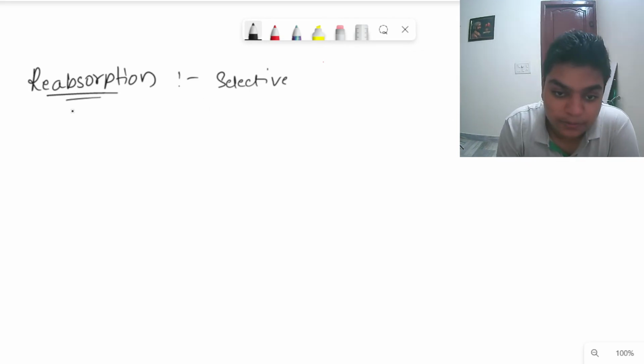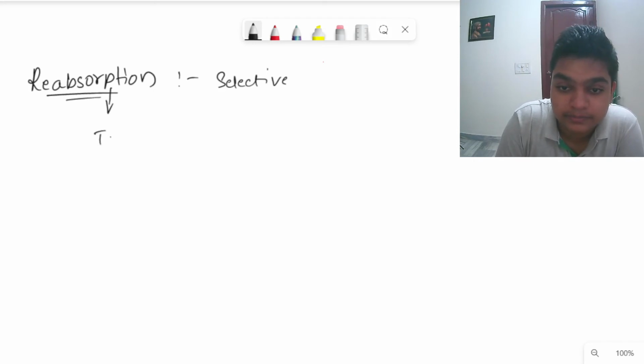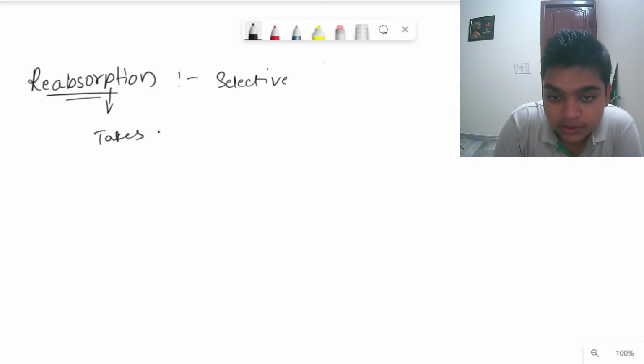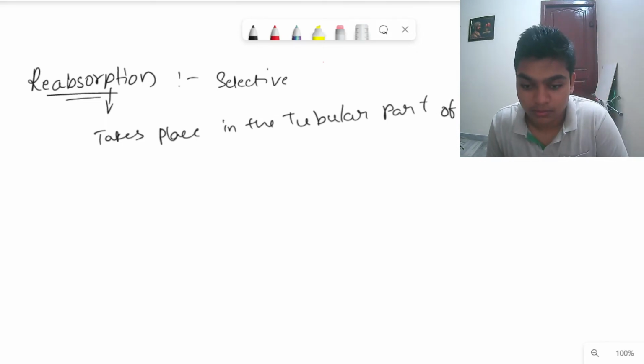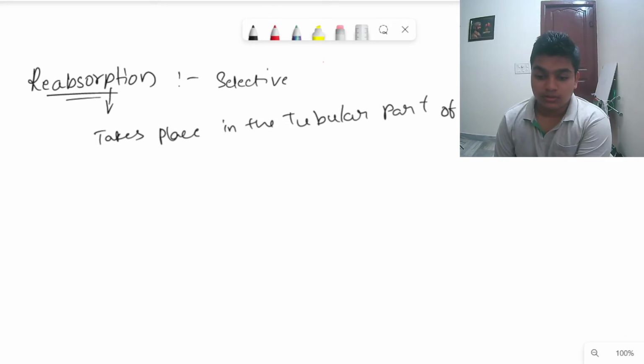This reabsorption takes place in the tubular part of the nephron.